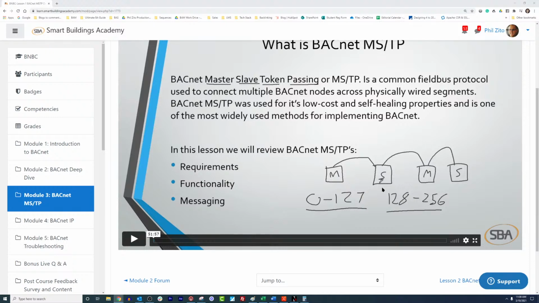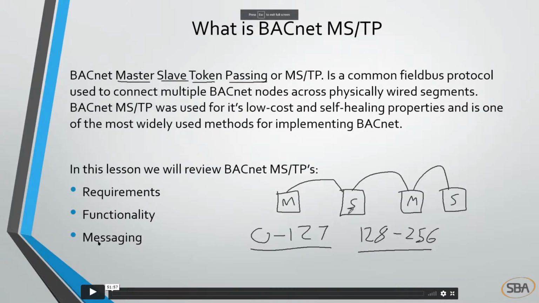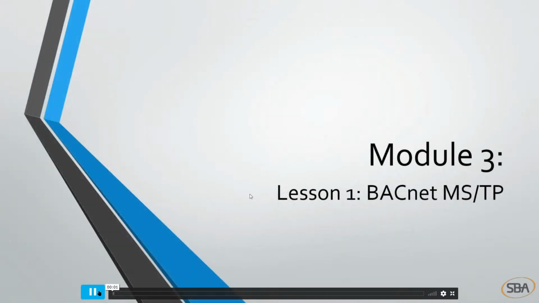Okay, cool. If you are seeing my screen, which you should be, what I want to take us through today is BACnet master-slave token passing. MSTP, as it's called, is one form of the BACnet protocol.